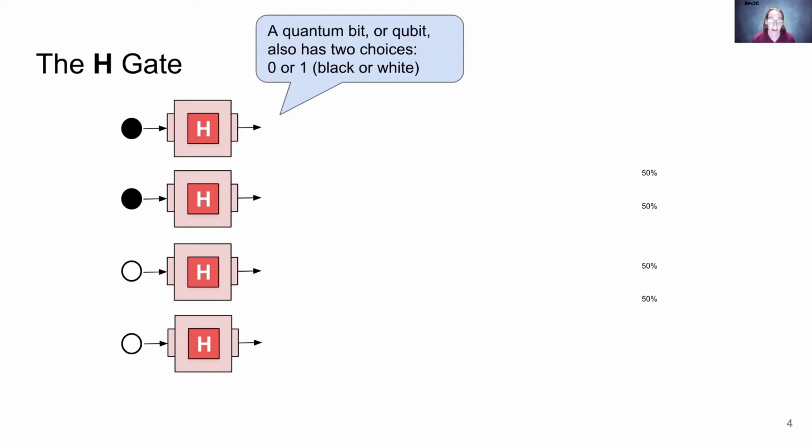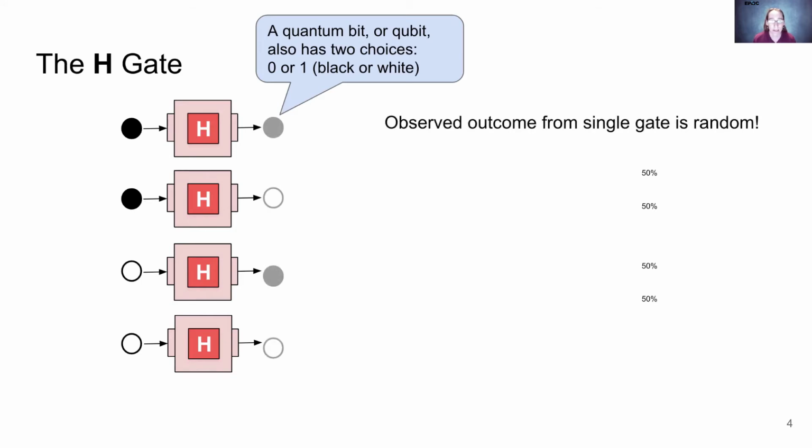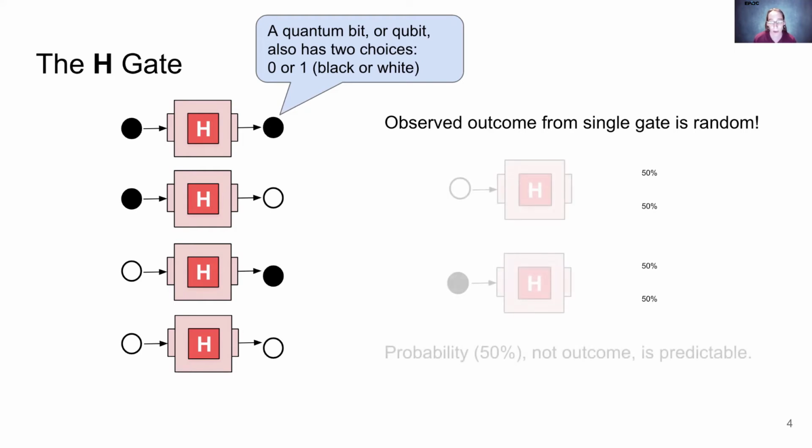But unlike classical systems, we can use what's called an H gate, and we can cause it to not just have the same outcome based on the input. So we could put a black ball into this H gate, and sometimes I would get out a black ball, and sometimes I would get out a white ball.